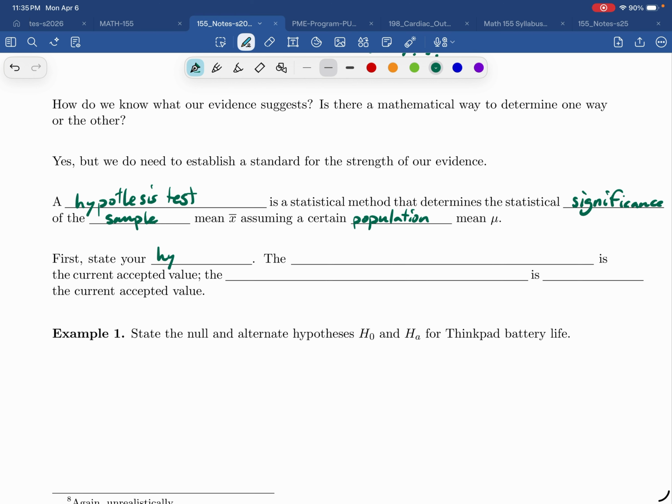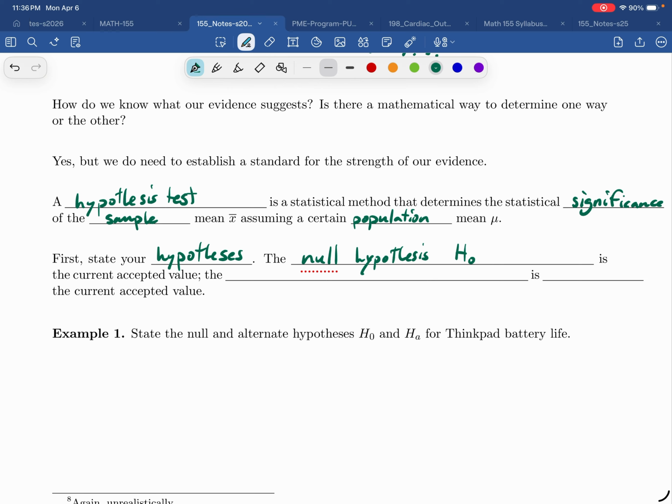First off, when you perform a hypothesis test, you want to state your hypotheses. And there are always two hypotheses that we state. There is the null hypothesis, which we denote H0, and that's the current accepted value.